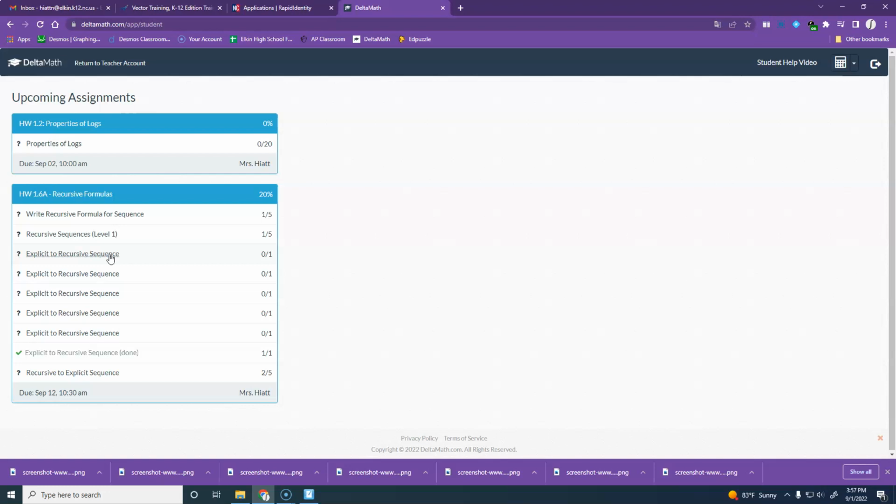That is only in Delta Math. Don't worry about that. As long as you have completed the entire homework, you will get a 100, even if you miss some of these here in the middle, because it doesn't give you a chance to redo those. So please complete that for me, and we will go over any questions that you might have in our next class.